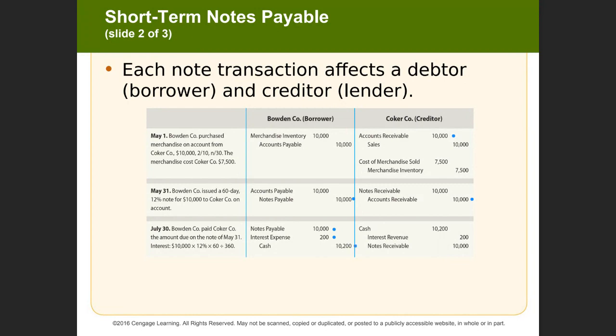When Coker records this transaction on their books, Coker has received the $10,200 in cash, and they are going to credit their interest revenue account for the $200 because they made that revenue off that note, and they're going to credit the note receivable of $10,000, which clears out their notes receivable account.